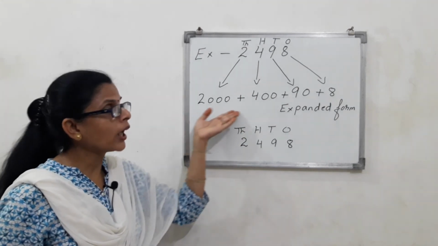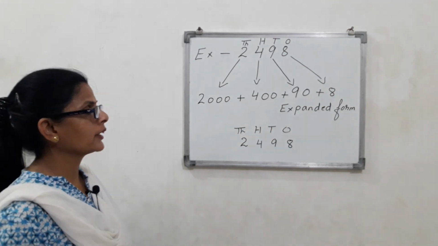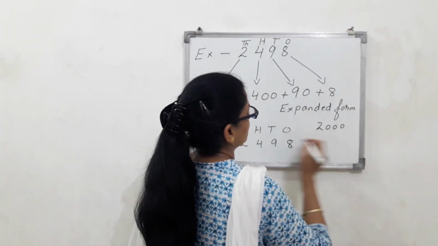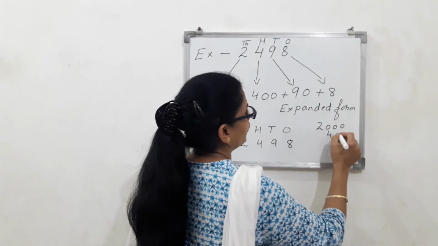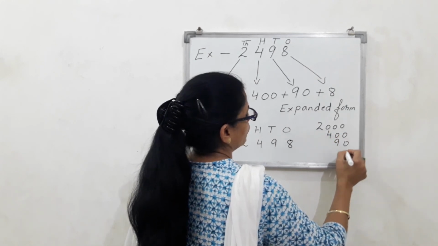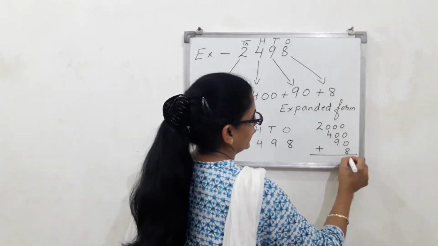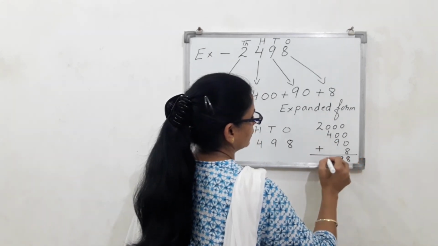Means we have to add all these numbers. Suppose I show you, if we add all these numbers, 2000 plus 400 plus 90 plus 8, we'll get the short form, or not?